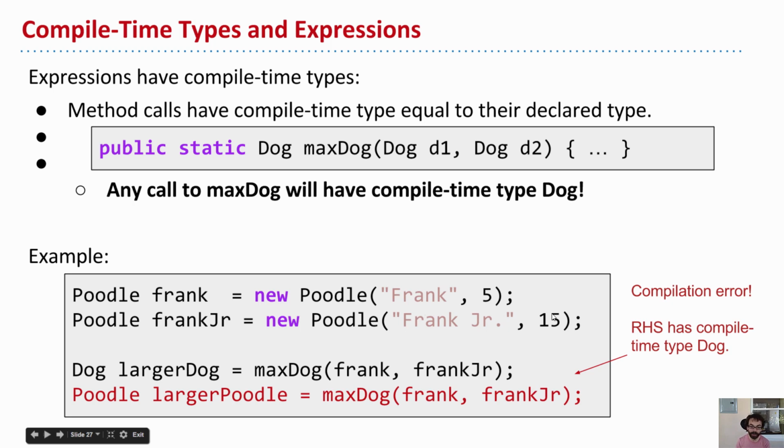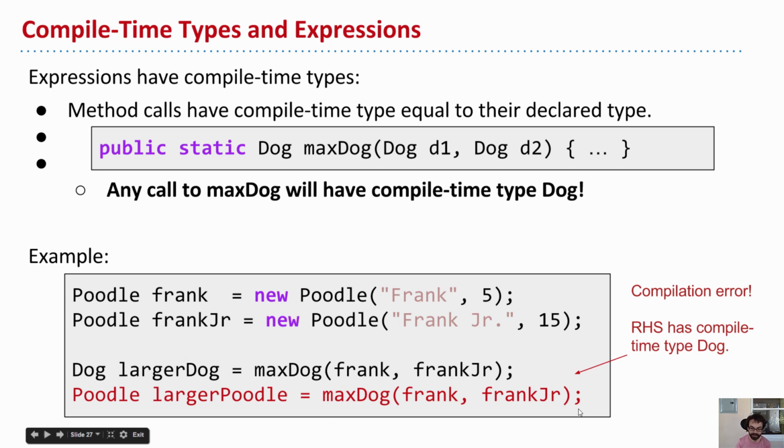However, even though the runtime type of the result is of course Poodle, because we gave it two poodles, its compile time type for this expression is Dog, okay? And thus, this line works fine. We get back a Dog, we put it in the larger Dog memory box.